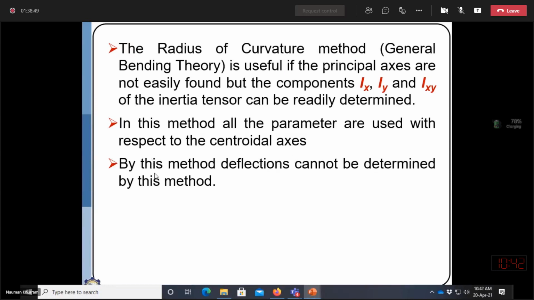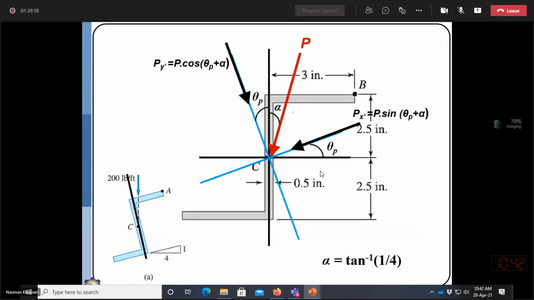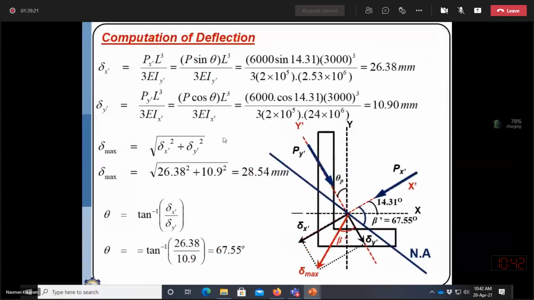If we want to determine deflection, we again need to determine the orientation of the principal axis, resolve the load along the principal axis, determine the deflection along each principal axis, and then determine the resultant deflection and the orientation of the neutral axis, which we have already discussed in our previous problem, just like in this slide.